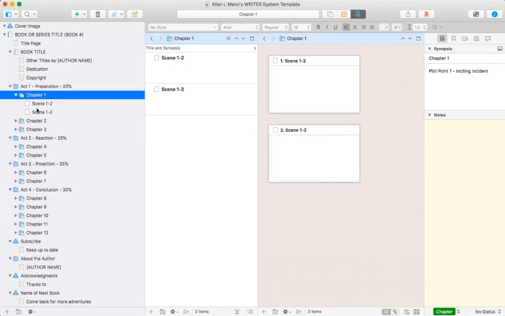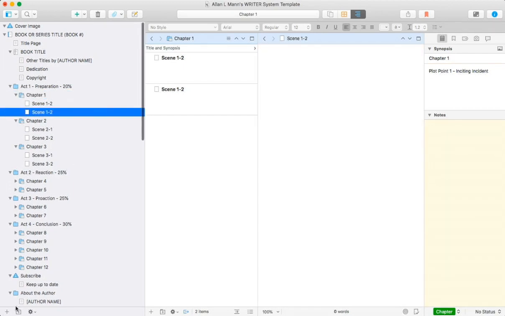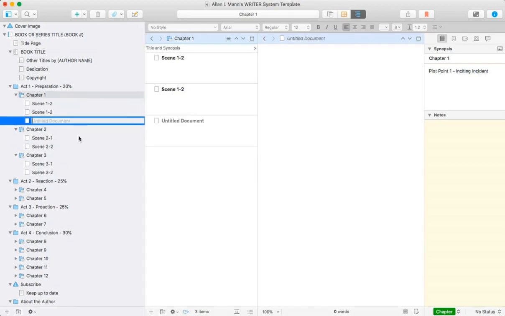And I've put in some sample chapters here, just placeholders, just to get you started. So chapter 1, and then scene 1, 1 and scene 1, 2. And you can add more as you go along.